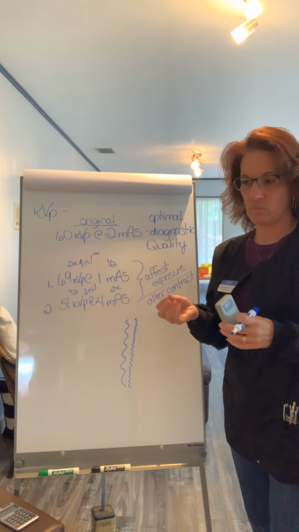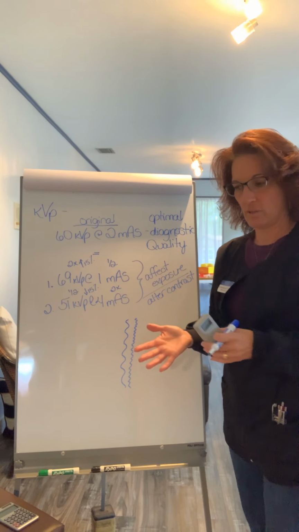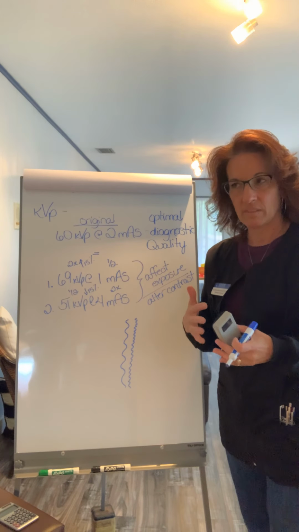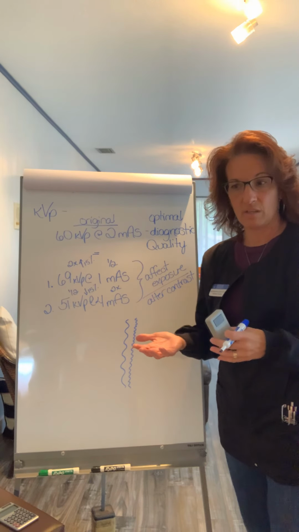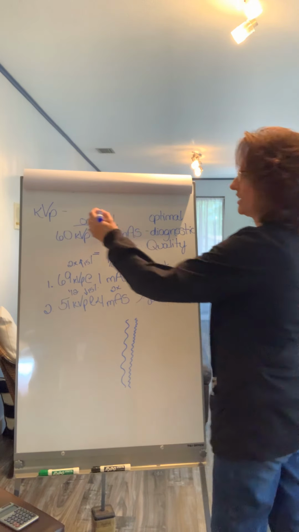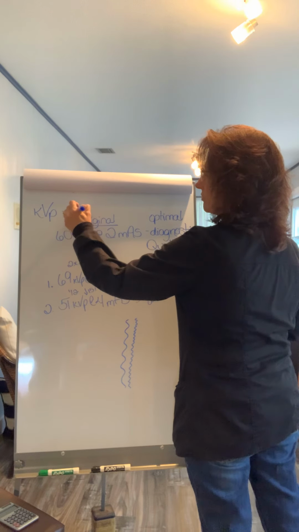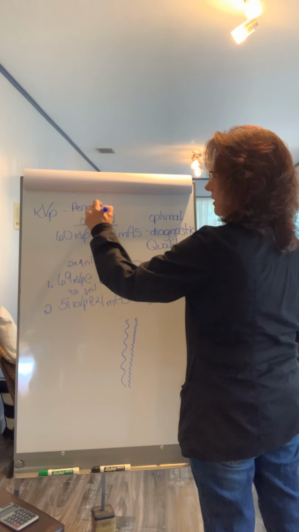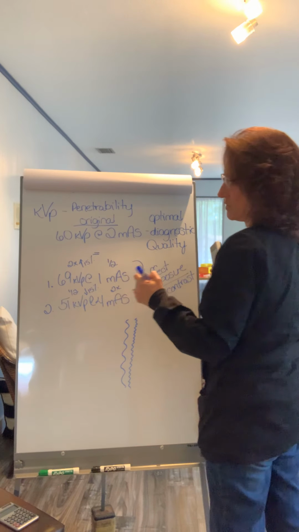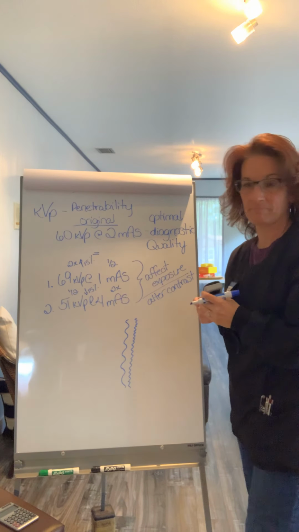You can't make an exposure with one and not the other, because they affect different things. They affect some of the same things, but they affect them differently. So this mainly is your penetrability. And with mass, it's mainly your exposure.